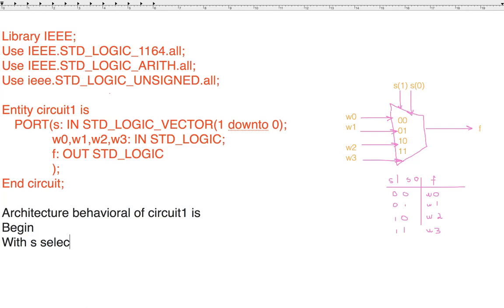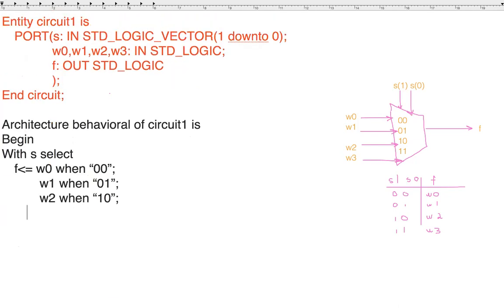So with S select, and for our output, it's going to be F. What we're going to assign to it is W0 when it's 0, 0 at the input, W1 when 0, 1, W2 when 1, 0, and W3 when 1, 1. And so that's our with select here.